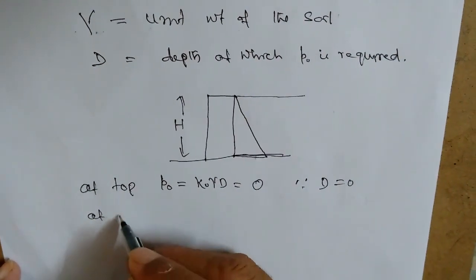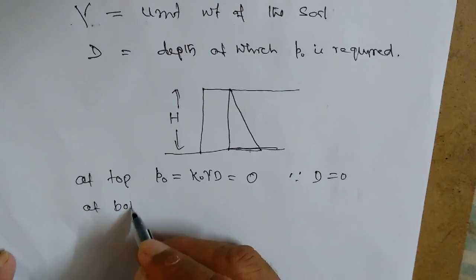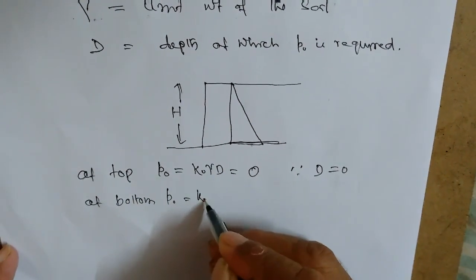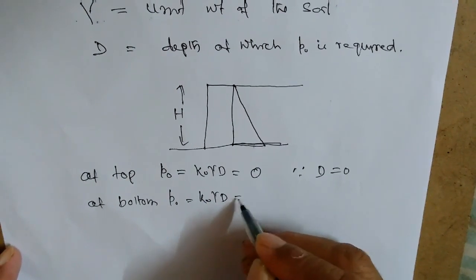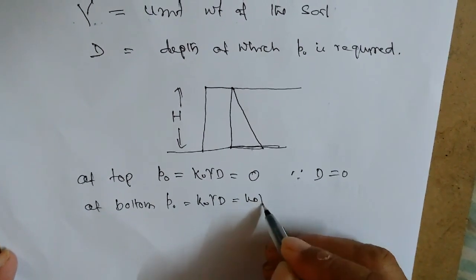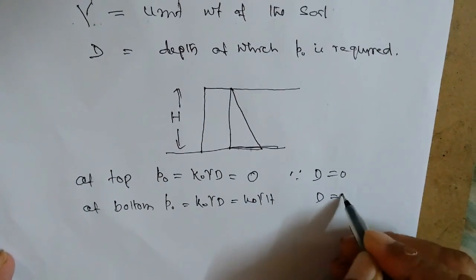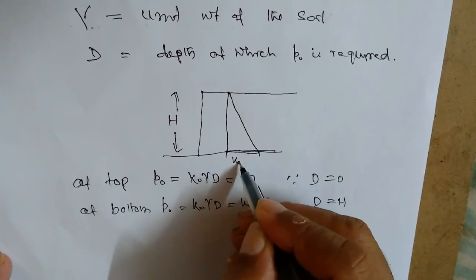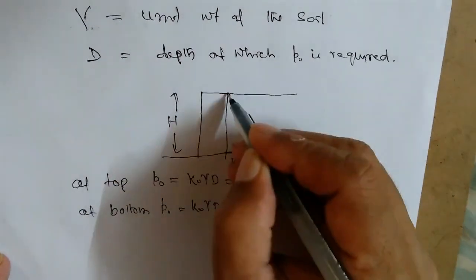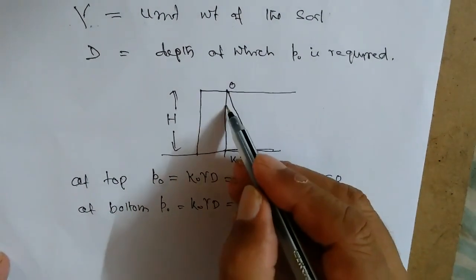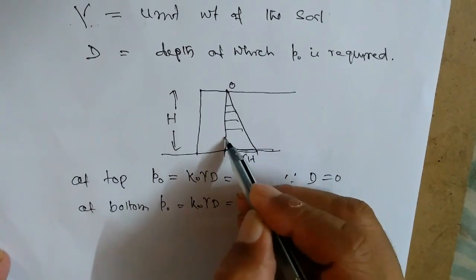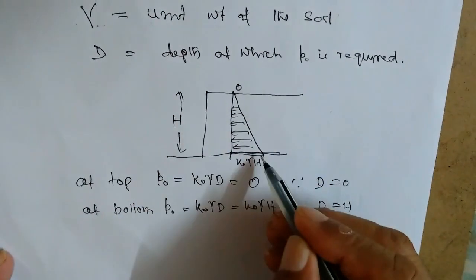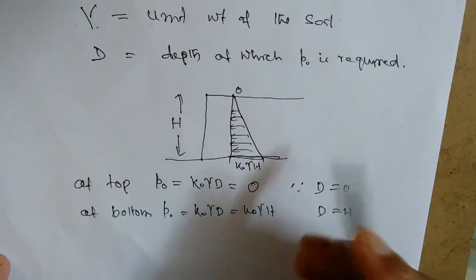And at bottom, P0 is again K0 gamma D, which is actually K0 gamma H because D is equal to H. So at the bottom it is K0 gamma H and at the top it is 0. So the stress distribution diagram is shown like this, which increases from 0 to maximum and varies linearly.